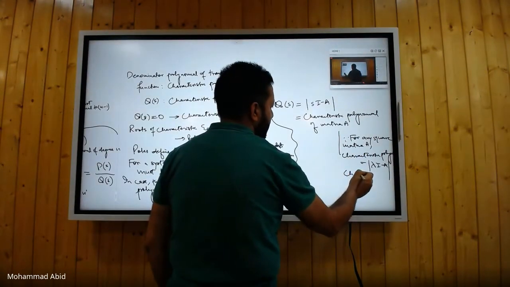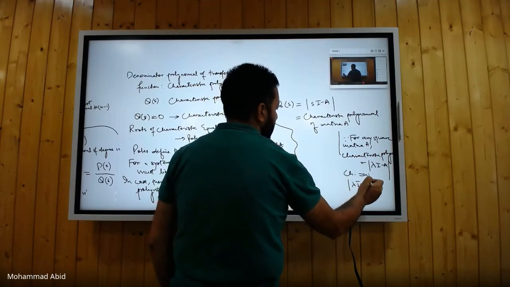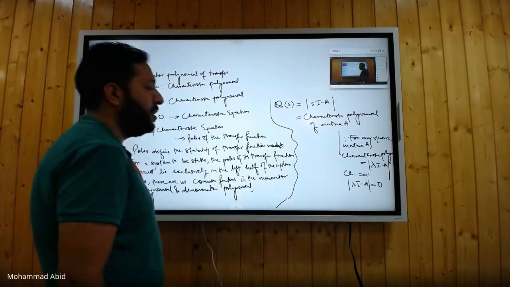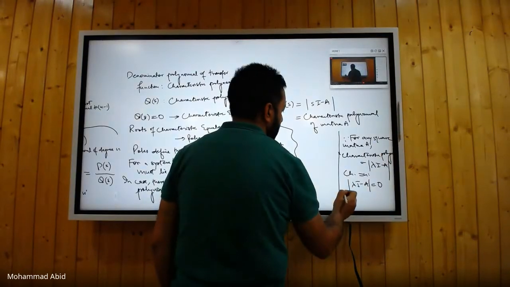What is the characteristic equation? Determinant of lambda I minus A equal to 0, isn't it? And what are the roots of the characteristic equation of a matrix known as? Eigenvalues.